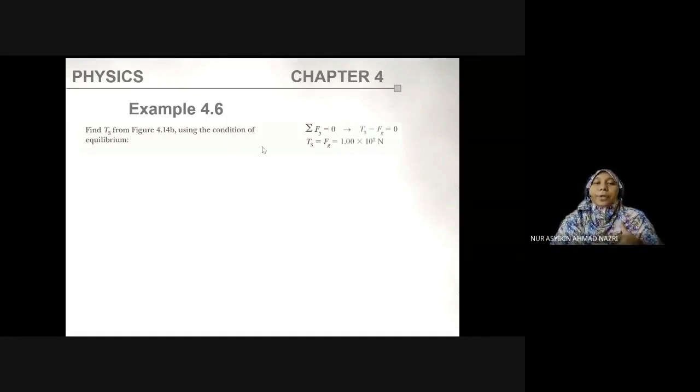When we have three unknown, you need to have three equation to solve these three unknown. So first one we get from the first free body diagram, which is T3 equal to your FG. So settle masalah untuk T3.